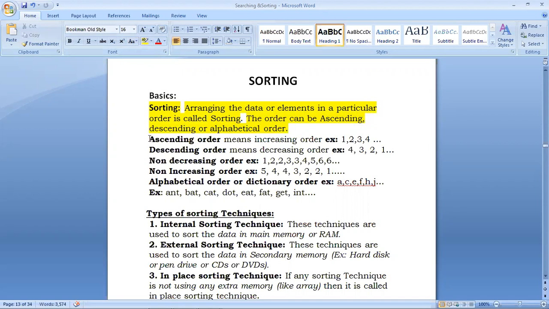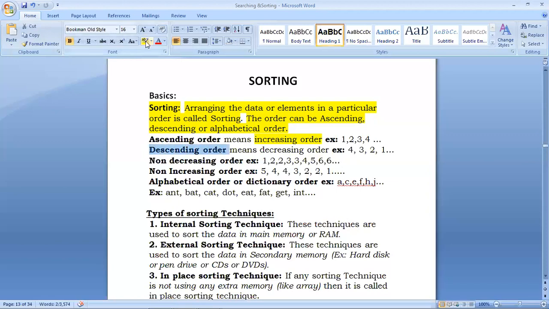So we try to understand what we mean by ascending order. Ascending order means values or elements are strictly in increasing order. See this example 1, 2, 3, 4 and so on. All these elements are strictly in increasing order.